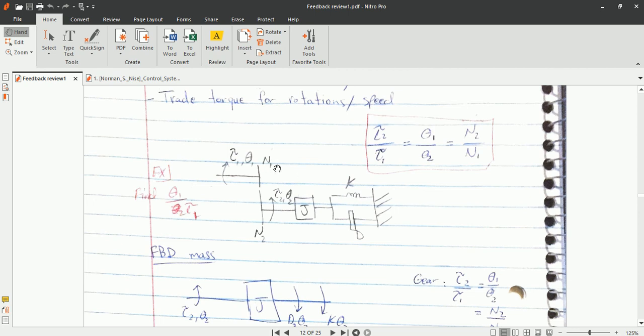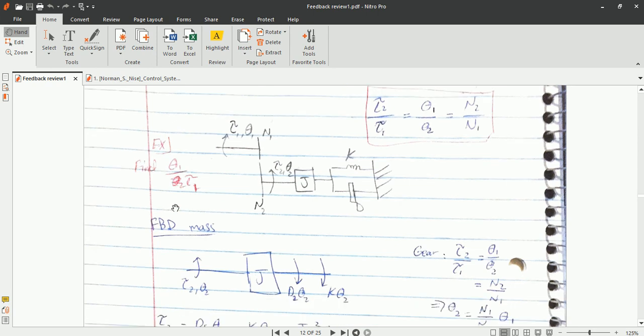So destination is n1, n1 over n2 whole square. If we move from left to right, what will be the destination? N2. Yes, then it will be n2 over n1 whole square. It will depend on our question where we are basically moving, towards right or towards left.